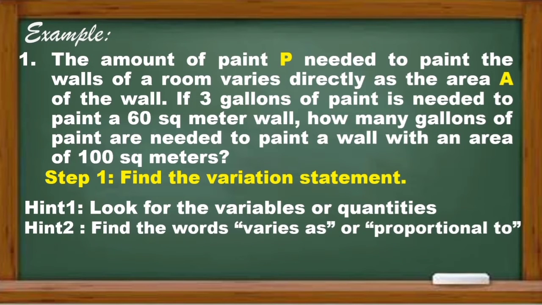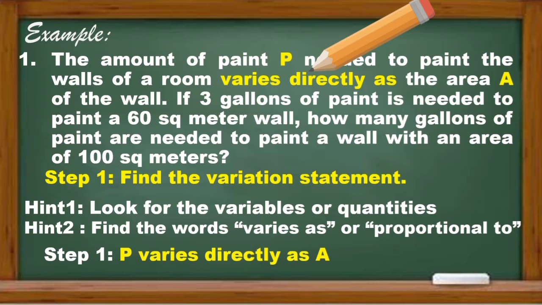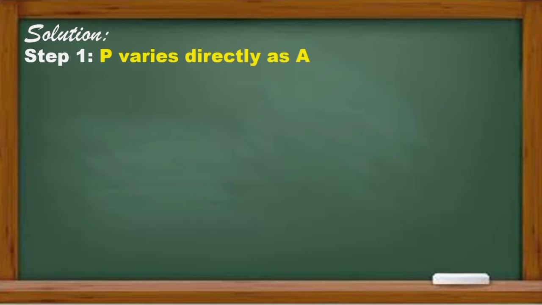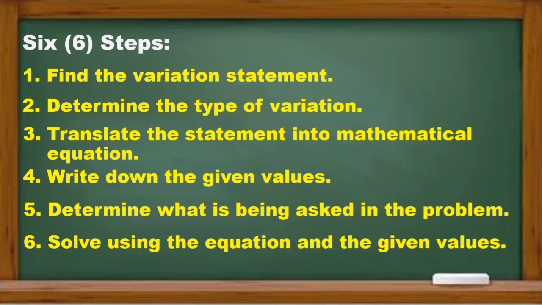Hint 2. Find the words varies as or proportional to. Therefore, we have the statement P varies directly as A. We are done with step 1.